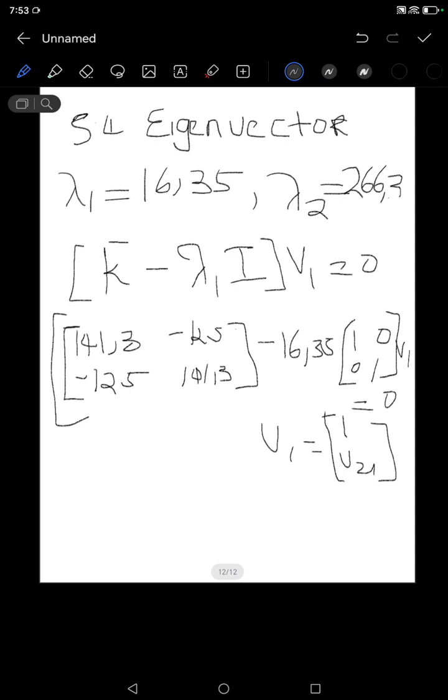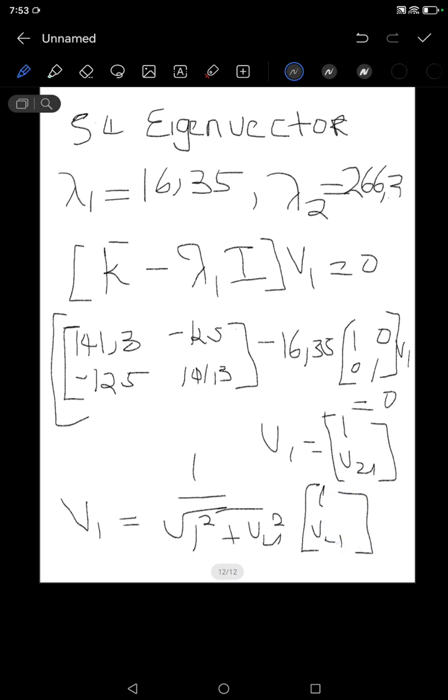So we're going to look for v21, and after getting v21, the formula for V1 is going to be 1 over the square root of 1 squared plus v21 squared, multiplied by the vector 1 v21. So we write this V1 as a vector, 1 v21, and then we look for v21.